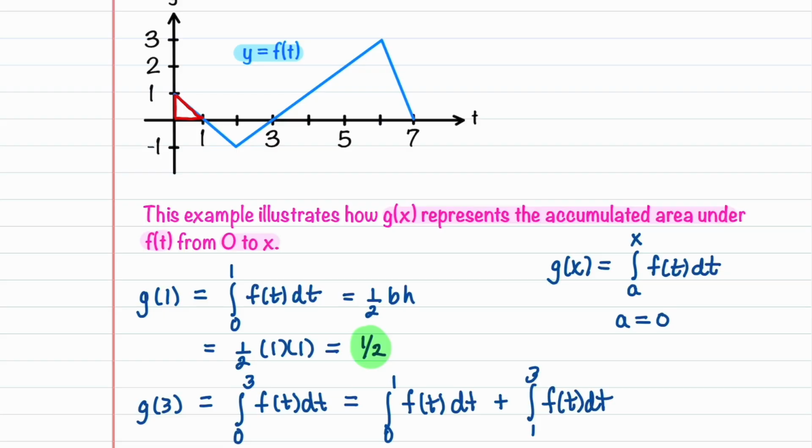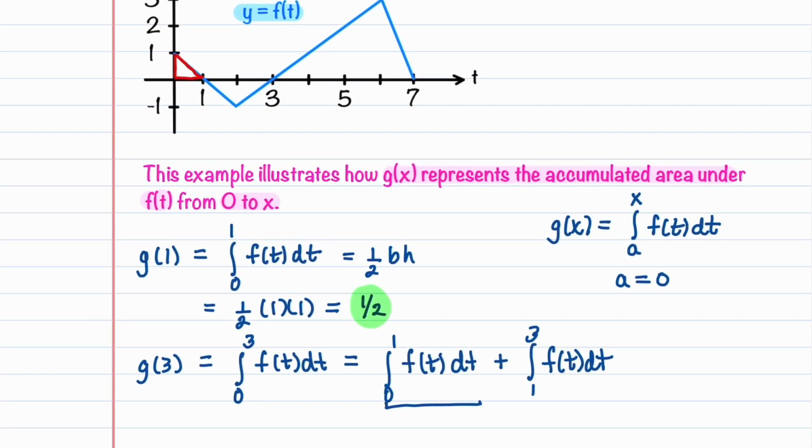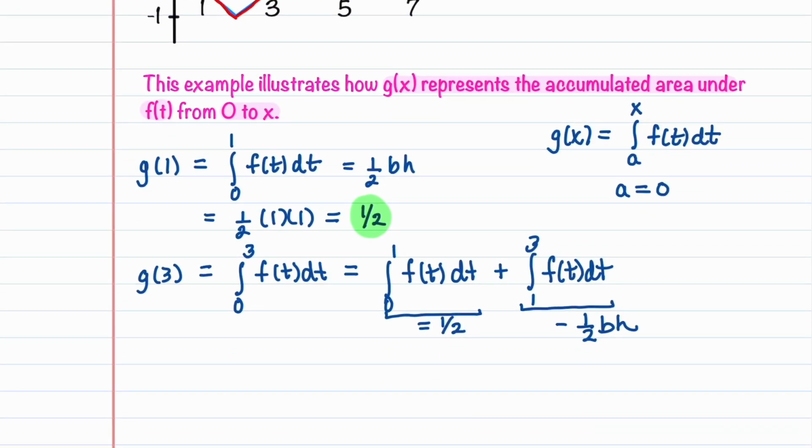That way we don't have to do double the work. This integral we already found to be equal to 1/2, and then this integral is this area right here up on our graph, and because it lies below the x-axis, it is going to be equal to minus 1/2 its base times its height. Let's see what that is. G of 3 is then 1/2 minus 1/2.